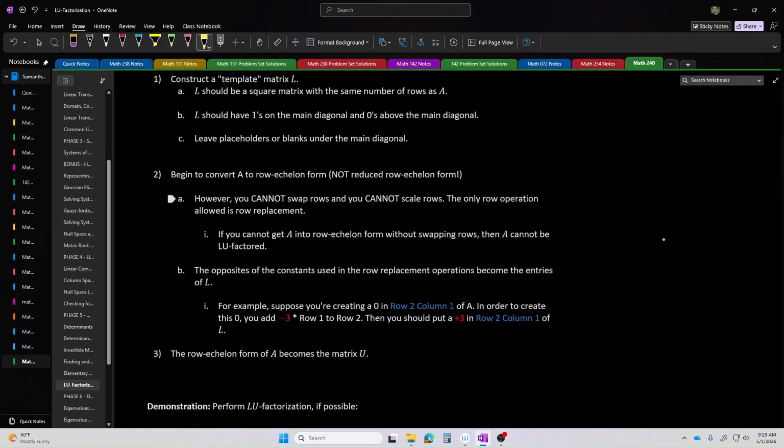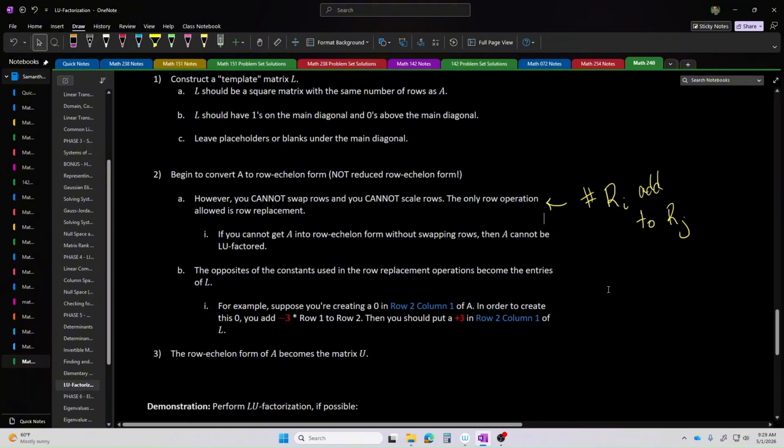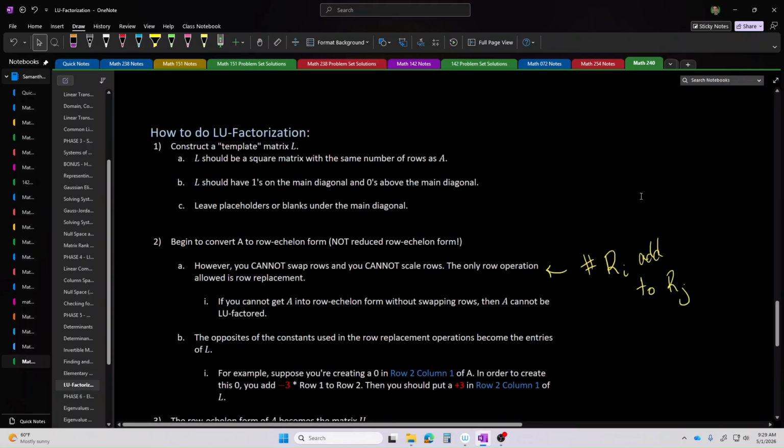You are only allowed to perform this action of adding some number of whatever row added to whatever other row. This is the only action that you are allowed to perform while row reducing A in the LU factorization algorithm.